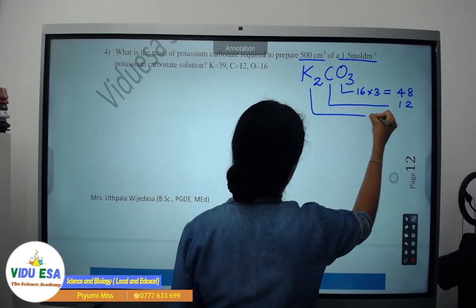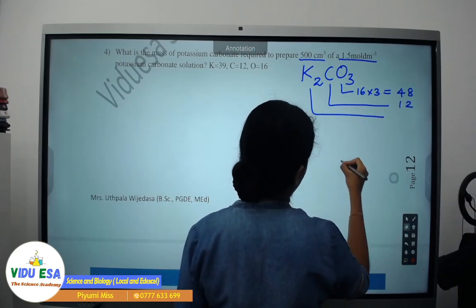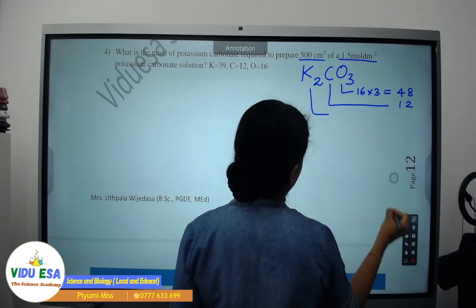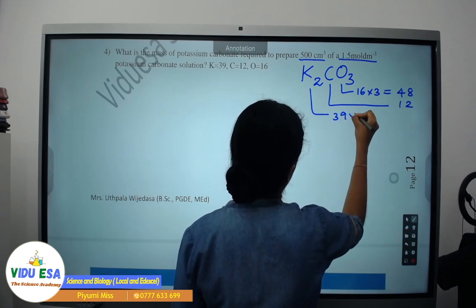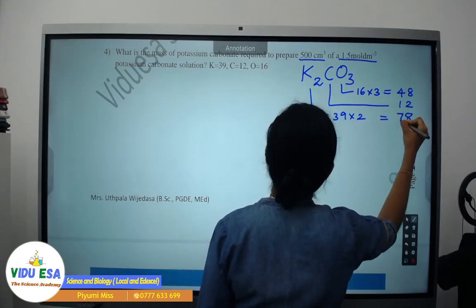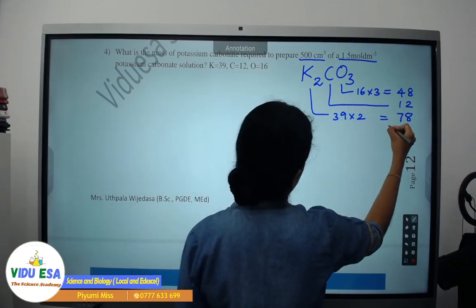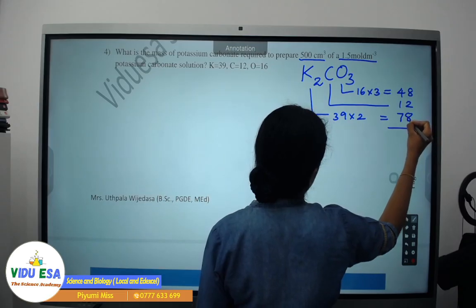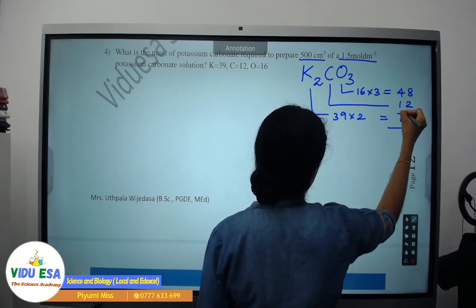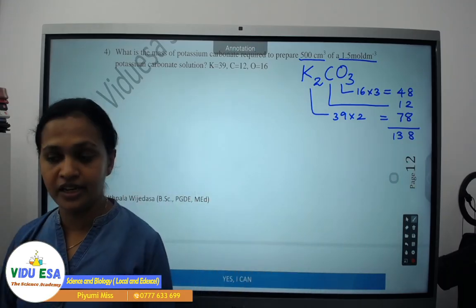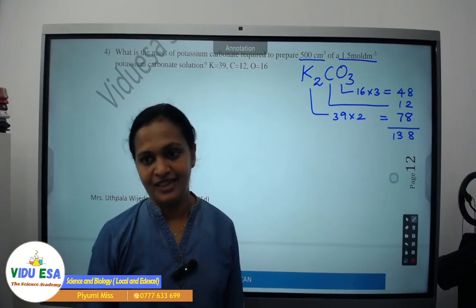Potassium is 39 into 2, that is 78. So altogether 138. 138 is the relative molecular mass, right?